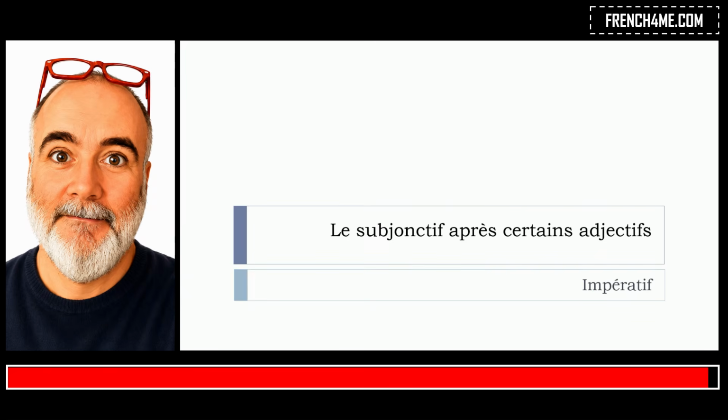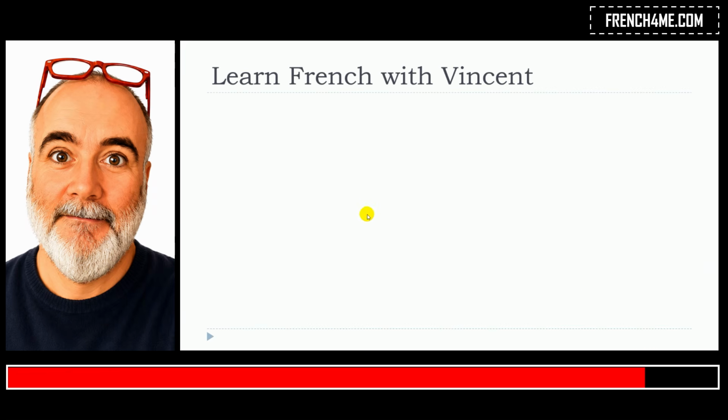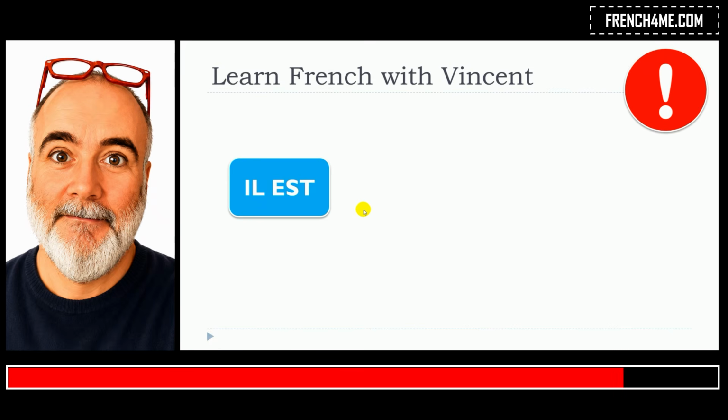In this lesson, we will see together le subjonctif après certains adjectifs, but more precisely, we will see impératif. The important thing that we need to remember is that we will structure our sentence in such a way. We will start with il est.